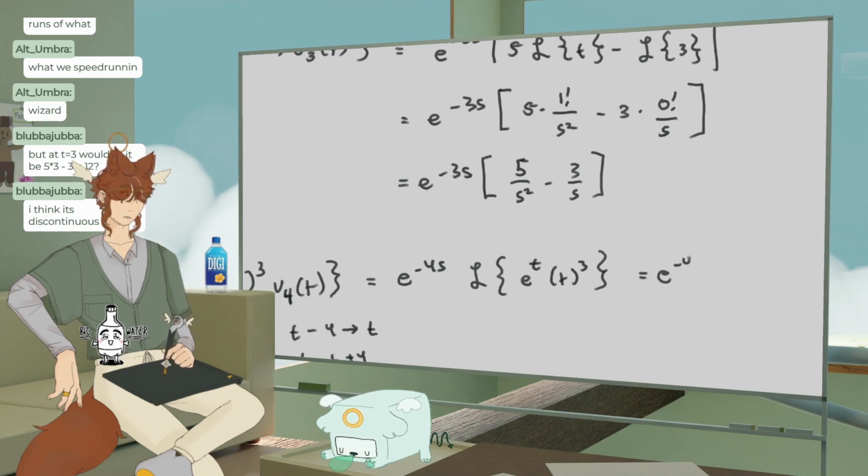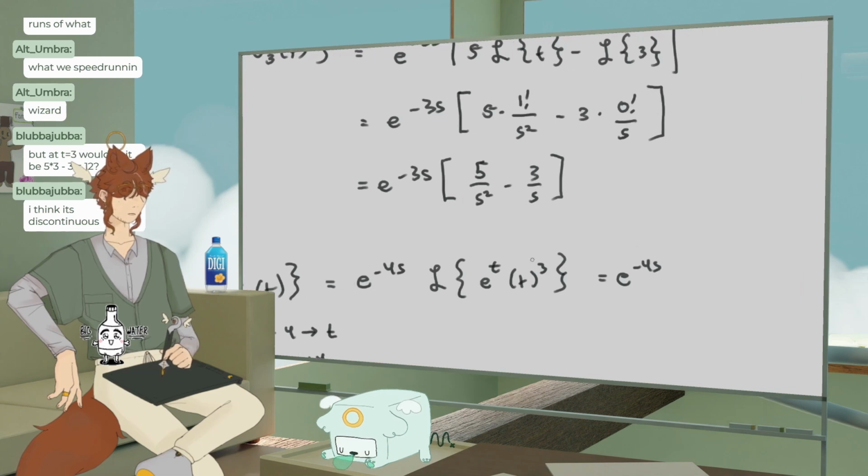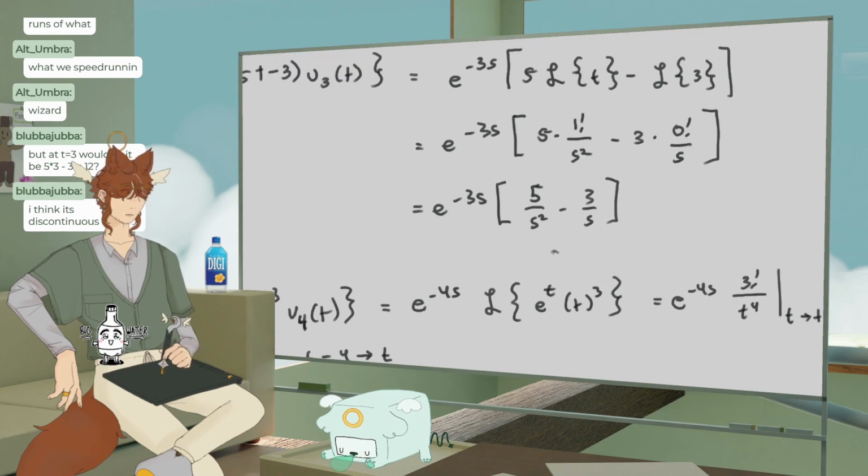So that's going to equal e to the negative 4s Laplace, and e to the t is going to shift this function by, this will be 3 factorial over t to the 4th, but our t to the 4th is going to be turned into t equals t goes to t minus 1, because this is e to the negative a t. Maybe?